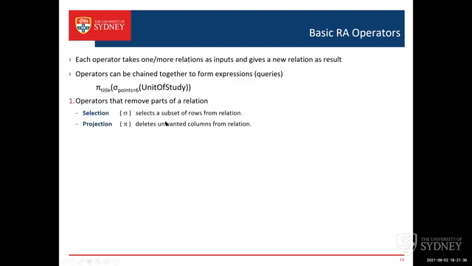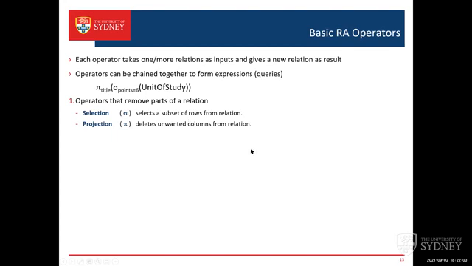Selection selects a subset of rows, so it will give you the whole row. Projection, someone was asking, simply means it deletes the unwanted columns, so it works on columns. If you project on a column, you will only see that column, everything else will be deleted. So selection works on rows, projection works on columns.